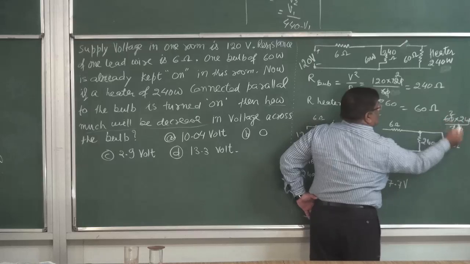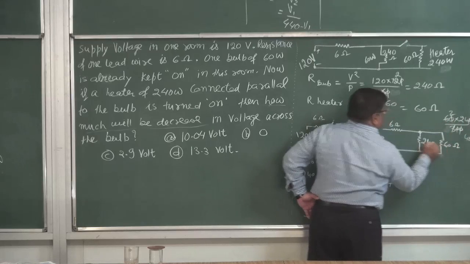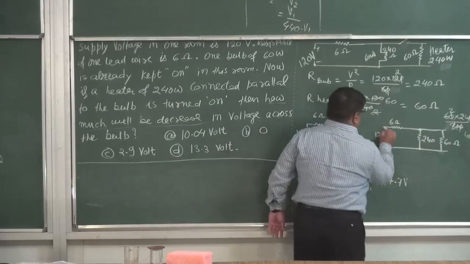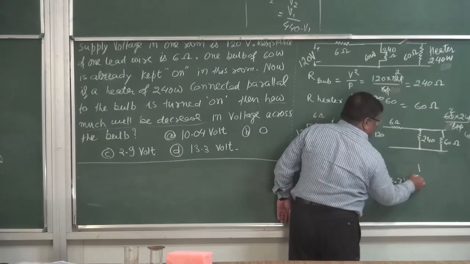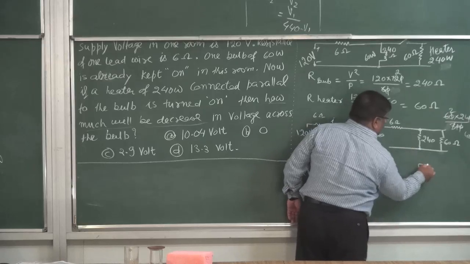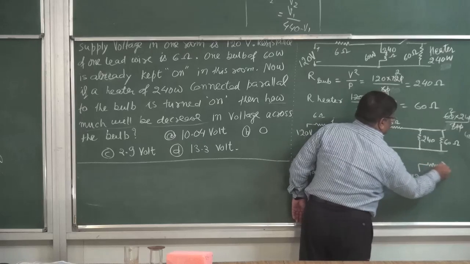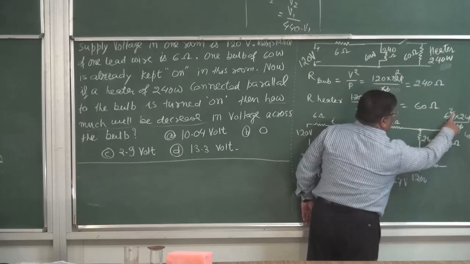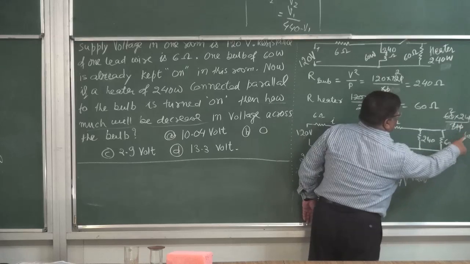This is 48 ohm together. So now it is 120 volt, 6 ohm, and 240 and 60 in parallel, which has come to 48.